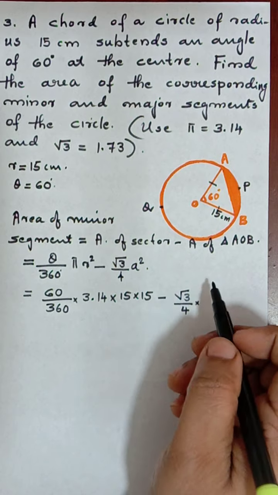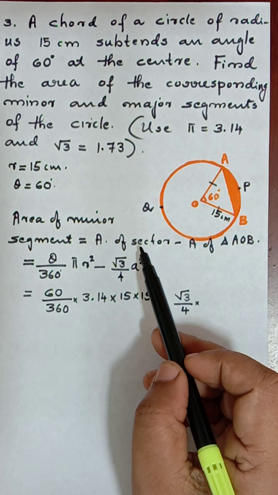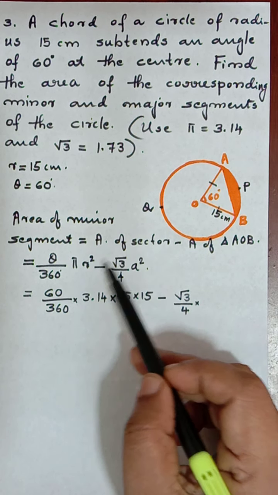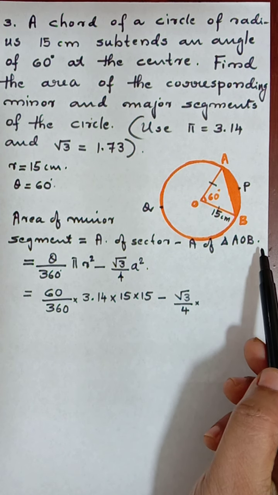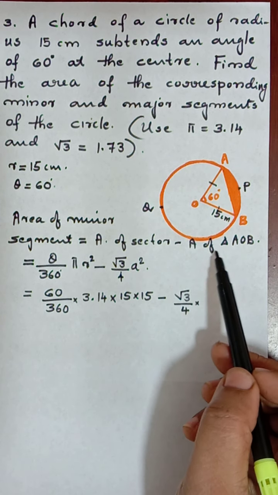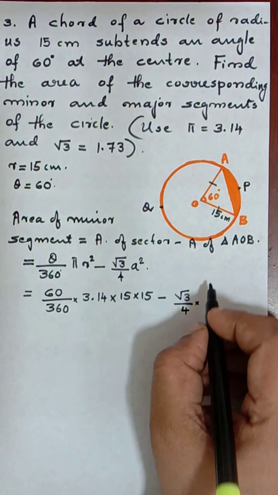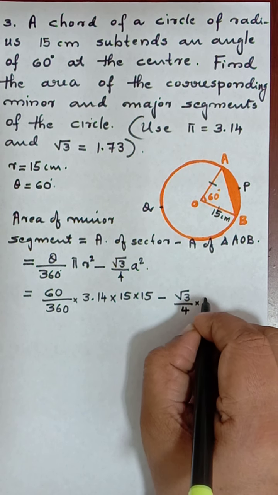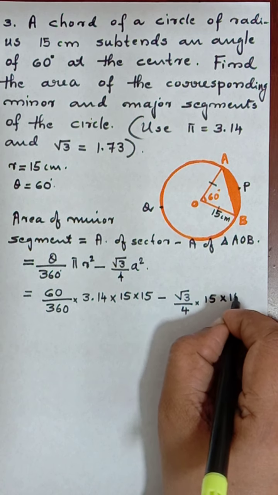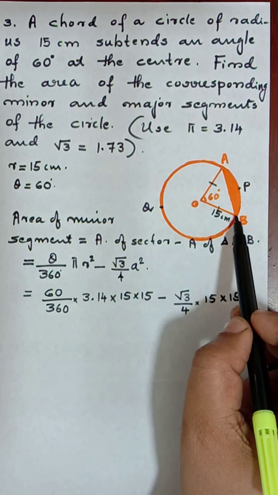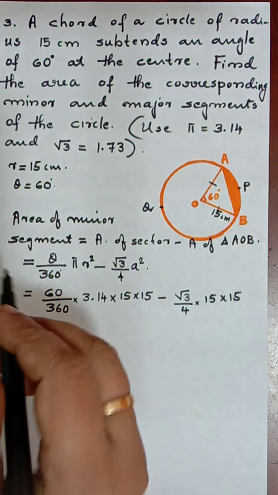So those who find it difficult, you can separately find out area of sector as well as area of triangle, and then you can subtract area of triangle from area of sector. Minus root 3 by 4 a square. A square is 15 into 15. As it is an equilateral triangle, all the sides will be 15.